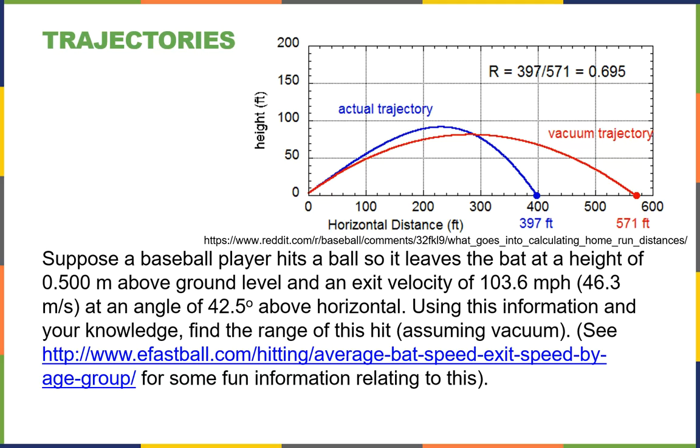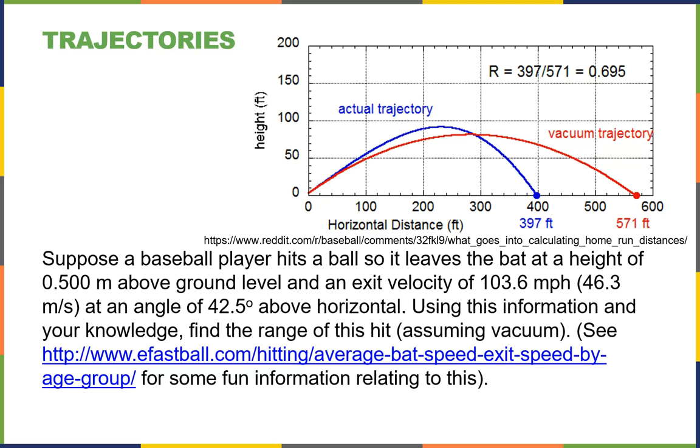No, okay. So this here is taking one particular trajectory. This angle here is well below 45 degrees. It's not going to be the angle that gets it the farthest. When I was a kid, I used to get really disgusted with people who hit towering fly balls even when they're home runs. And I'm like, you got to go flatter so it goes farther, because I didn't know my physics.